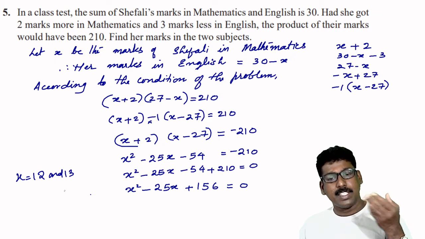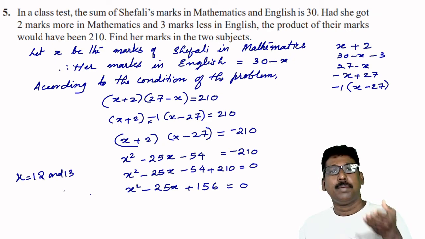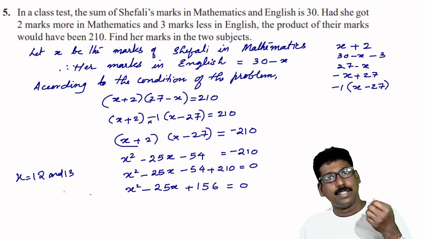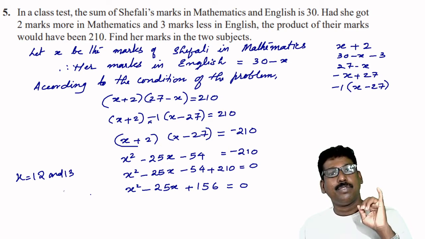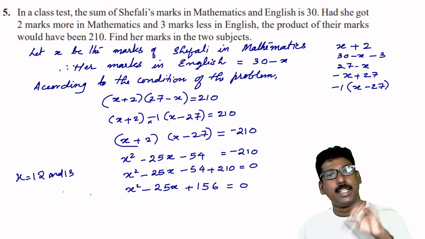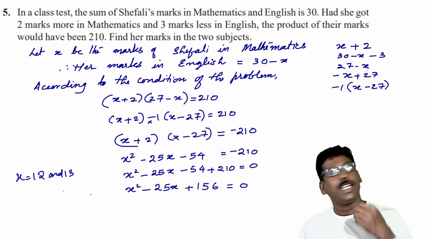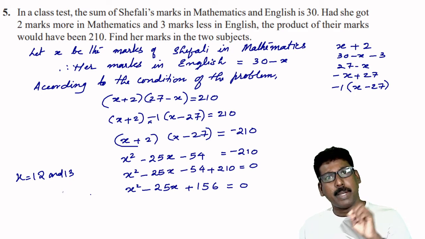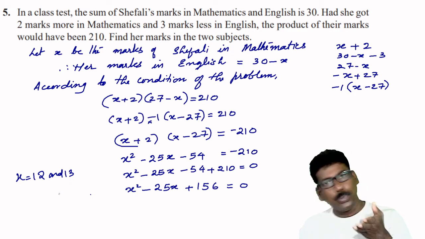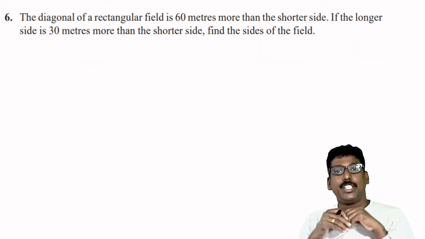Then if x is equal to 13, find the marks of mathematics and English. That is, if mathematics mark is 12, then English mark is 30 minus 12. If mathematics mark is 13, English mark will be 30 minus 13. Do it yourself.